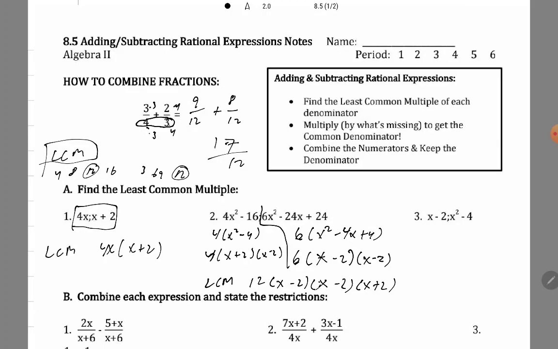Alright, part 3. Again, factor everything. So we have x minus 2 on the left, and on the right, x plus 2, x minus 2. Okay. So our lowest common multiple is, on the left we have x minus 2, and then we're just missing x plus 2.